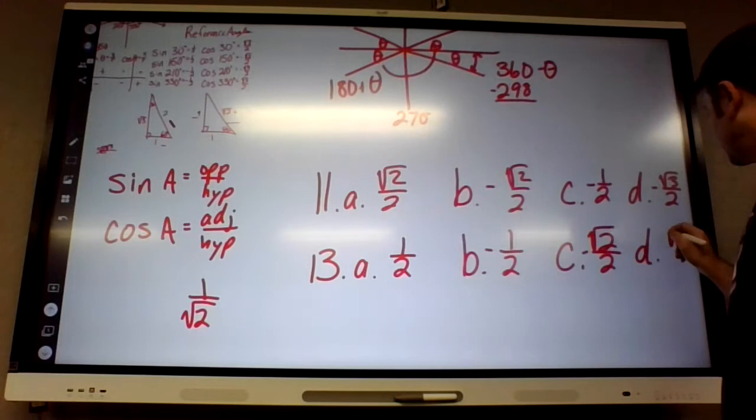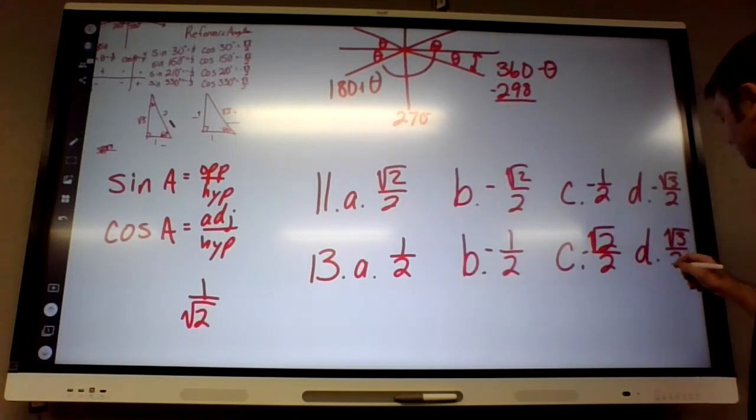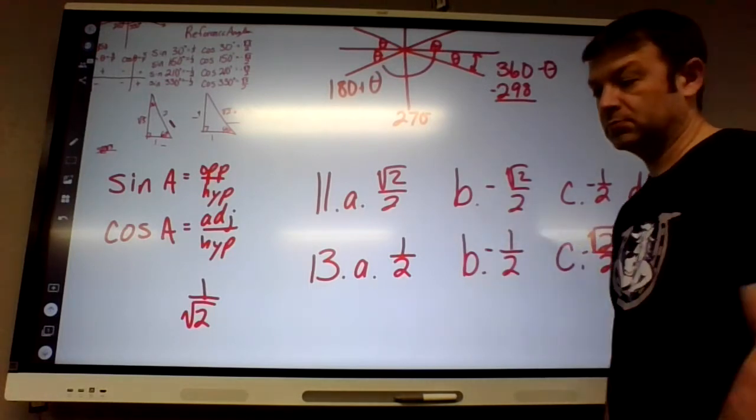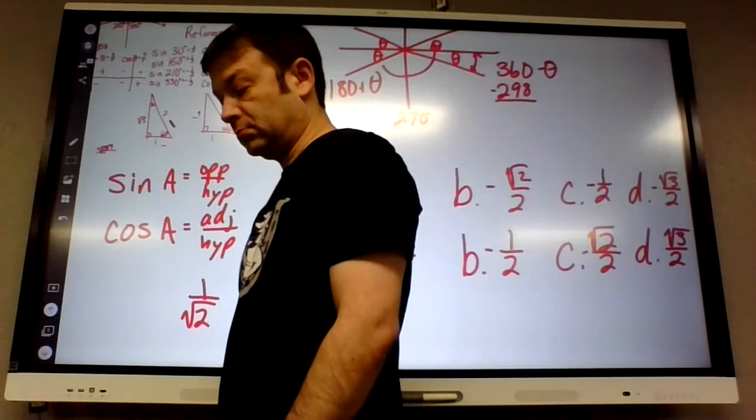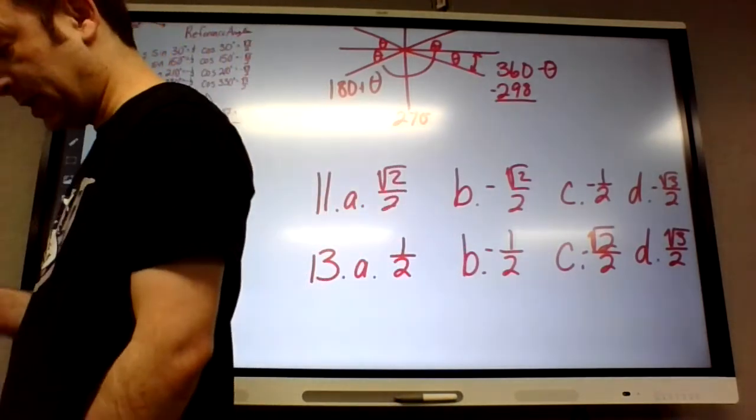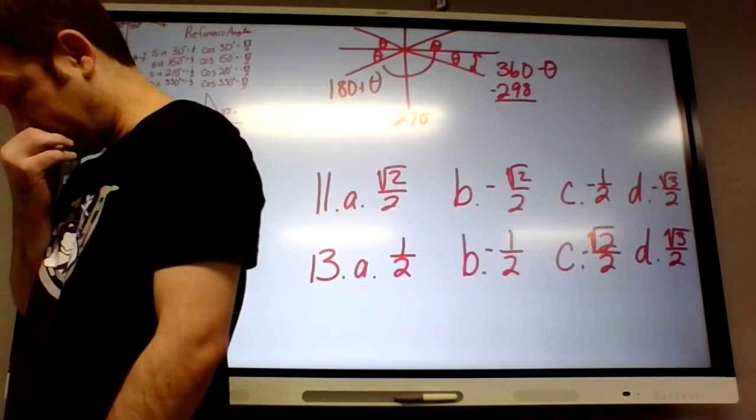Is cosine positive or negative in the fourth quadrant? Positive, so what's that? Why didn't I put cosine?